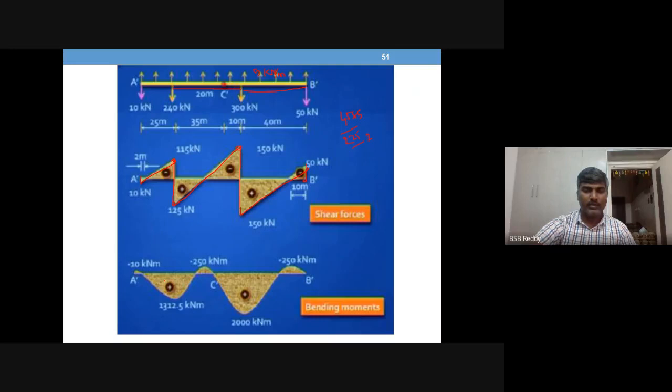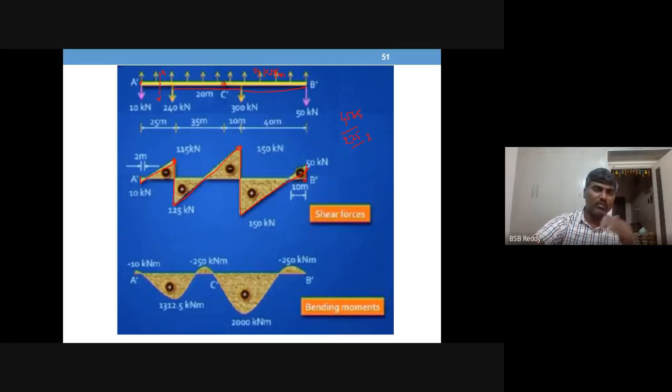What about BMD then? BMD, just like your beam, to draw BMD. So 0 at the end, then everywhere UDL is there, so it is all parabolas, a matter of parabolas. So try to take a section between this.